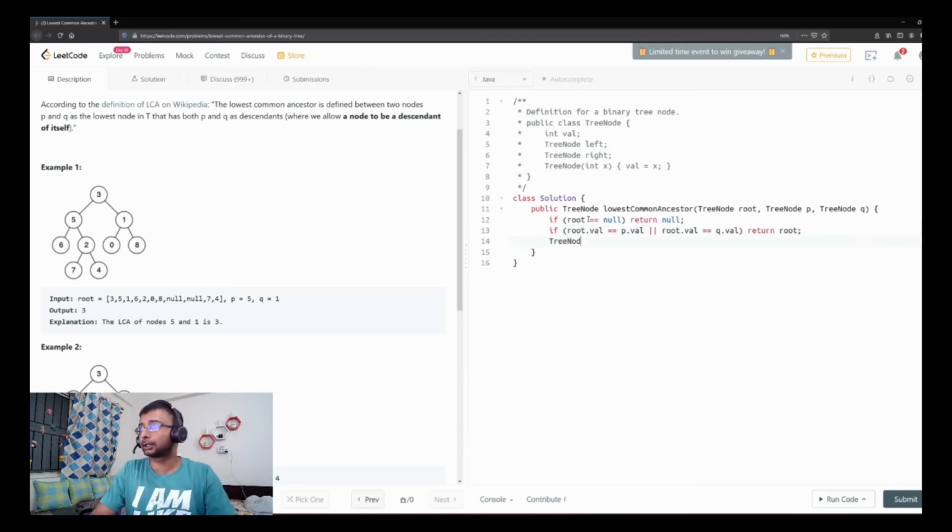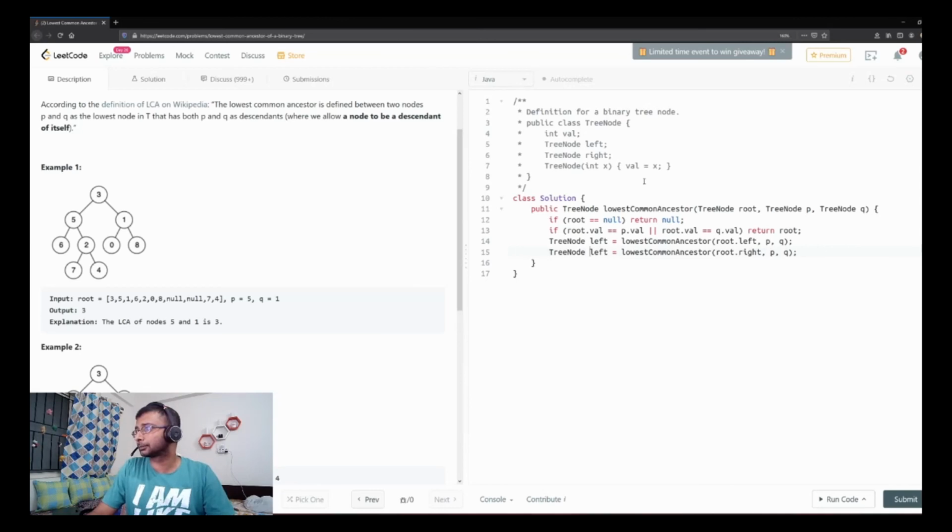So our node name is TreeNode, so we'll just use a left and a right. So we will call the same function, lowestCommonAncestor, with root.left and p, q. And similarly, we are going to call the same function again for the right as well.